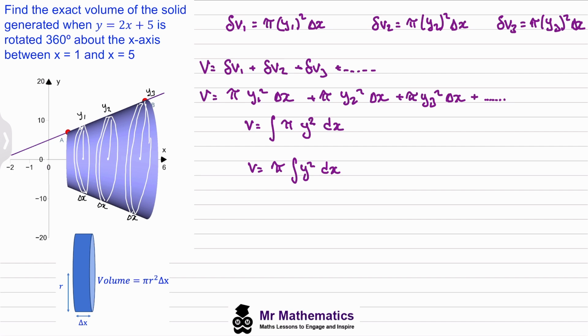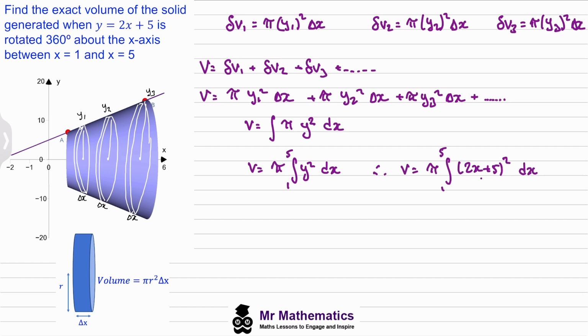And you can see in this example, we have a limit of x equaling 1 and x equaling 5. So we'll include this on our integral sign between 1 and 5. And we're told that y equals 2x plus 5. And therefore, the volume will be pi integrated between 1 and 5 of 2x plus 5 all squared, integrated with respect to x.